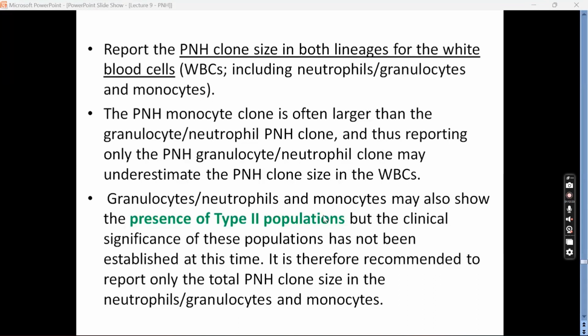But in contrast to RBCs, the clinical significance of type 2 population in leukocytes has not been well established. So you need not give type 1, type 2, type 3 in leukocytes as you give for RBCs. Here you just need to say the percentage of PNH clone detected. In contrast to RBCs, where you need to tell how much is type 3 percentage, how much is type 2 percentage, here you need not do that.